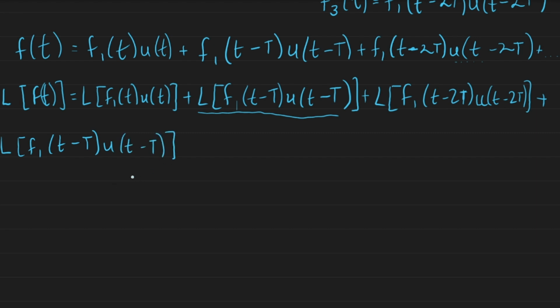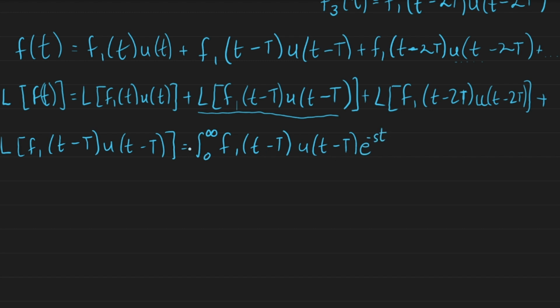So as is always the case, we commence with the definition. The definition of the Laplace transform is that it's the integral from 0 to infinity of this function here, which is f1(t - T), and the Heaviside unit step function u(t - T), multiplied by e to the minus st, dt.